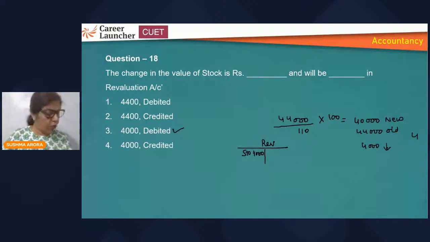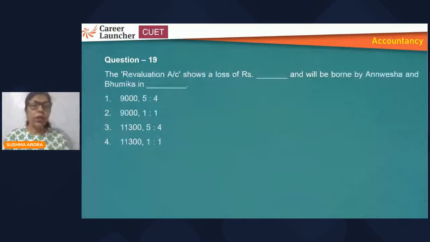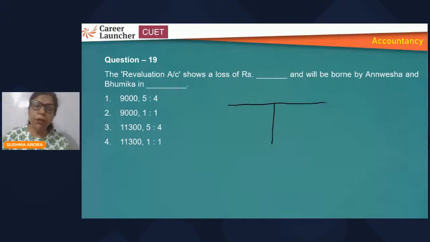Now see next. Revaluation account shows a loss of rupees dash. It will be borne by dash and dash. Now how to calculate loss of revaluation account? You have to make the revaluation account very fast and you will get the answer. See, stock is reducing by 4,000. Liability is increasing by 3,000.